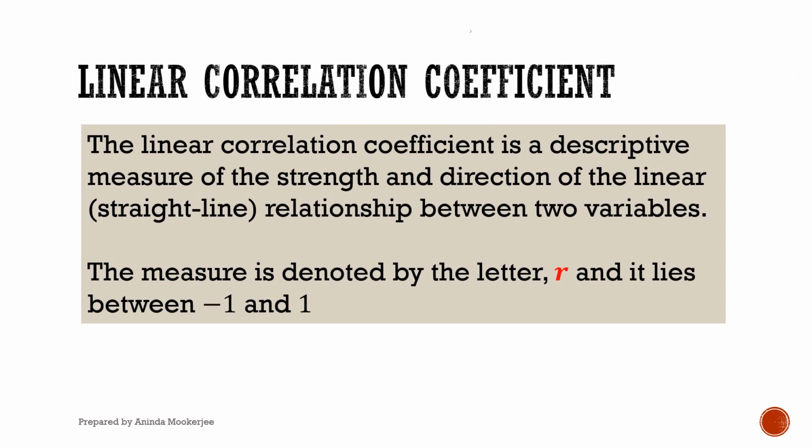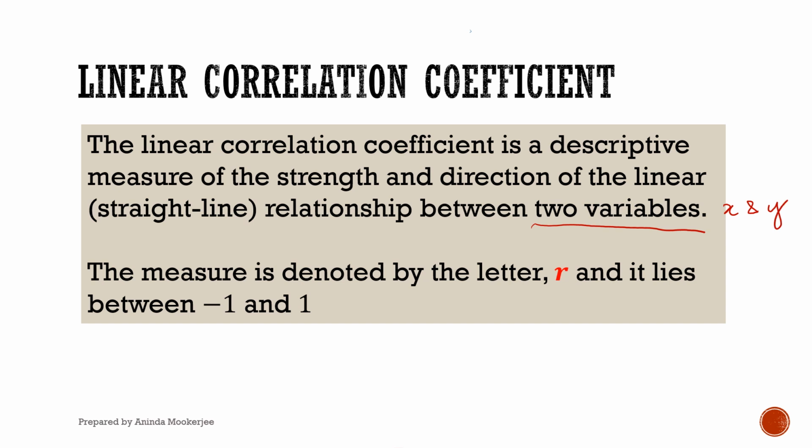Now let's go into understanding what linear correlation coefficient means. It says here the linear correlation coefficient is a descriptive measure of the strength and direction of the linear or straight line relationship between two variables. So the two variables referred to here are the x and y variables, right?